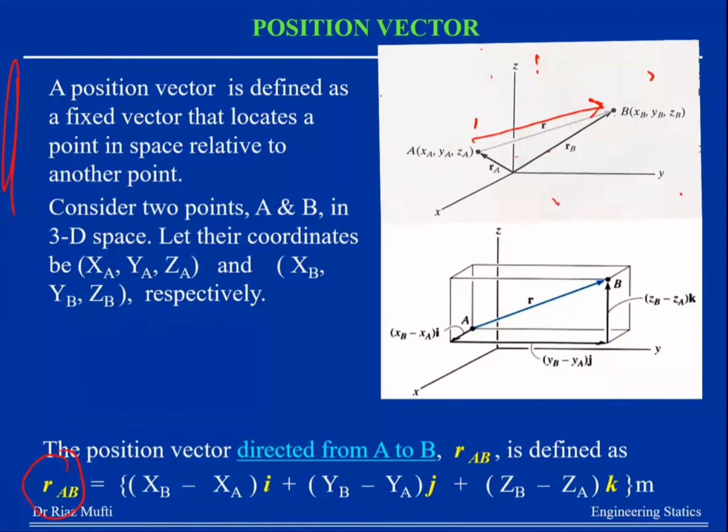Vector r, which is directed from A to B, means I do B minus A. If I want the vector r BA, then my vector is from A to B. Is that clear?